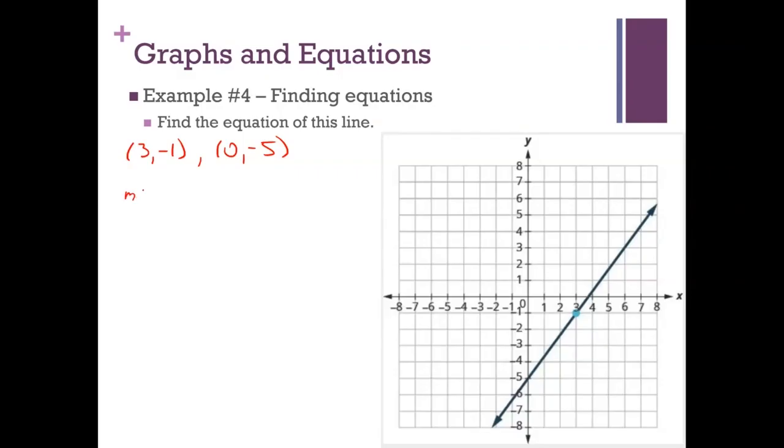So how do I find the slope with those 2 sets of coordinates? Yep, delta y over delta x. But then what are we using for those changes? What are we calling y2 and y1? -5 minus what?